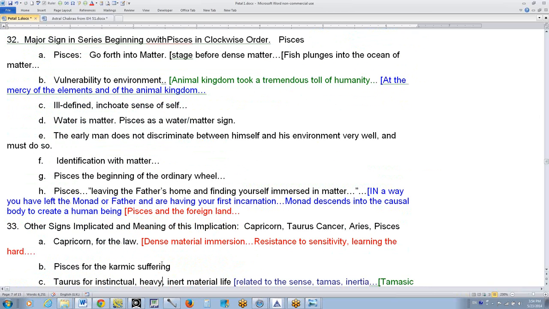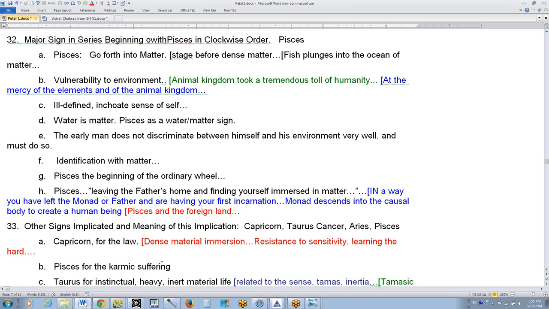From another point of view, Pisces is involved in that monadic coming forth, leaving the father's home and finding yourself immersed in matter. You haven't yet been able to turn back and save. So in a way you have left the monad or father, although it's still at home in a strange way, in dual location, and you are having your first incarnation in Pisces, interestingly enough.